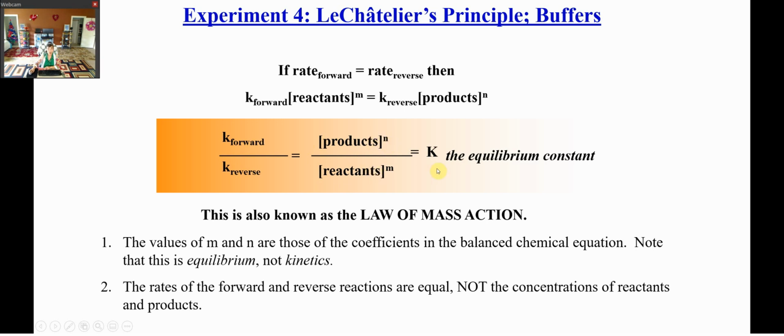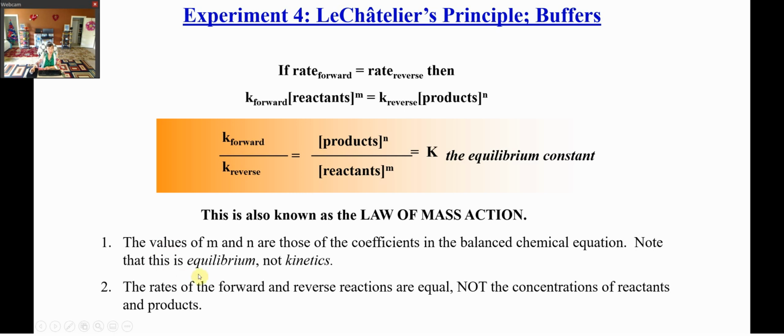This ratio is called K. The capital K is called the equilibrium constant. The smaller k is your rate constant. This equation is also known as the law of mass action. The values n and m are the coefficients of your reactant and product in the balanced reaction.